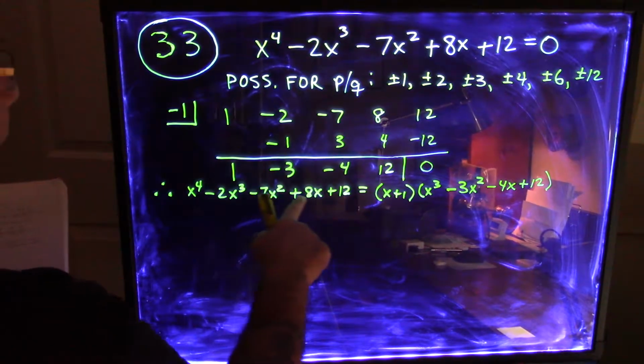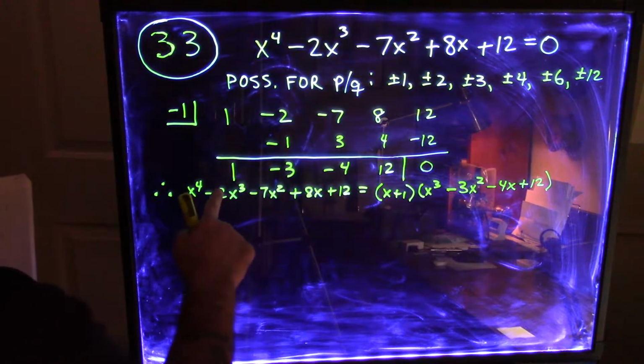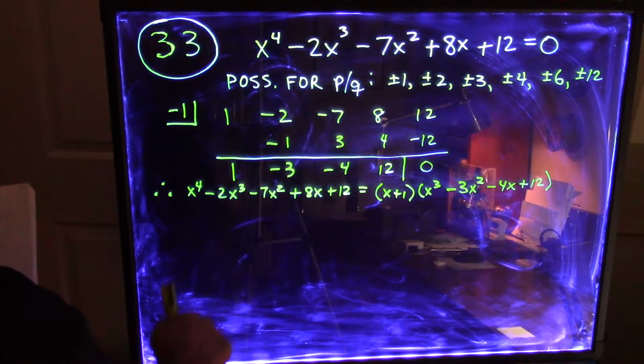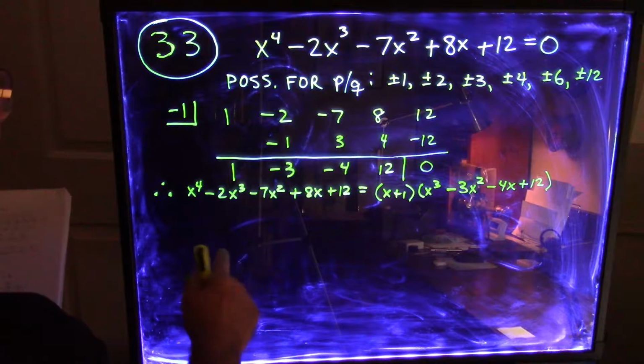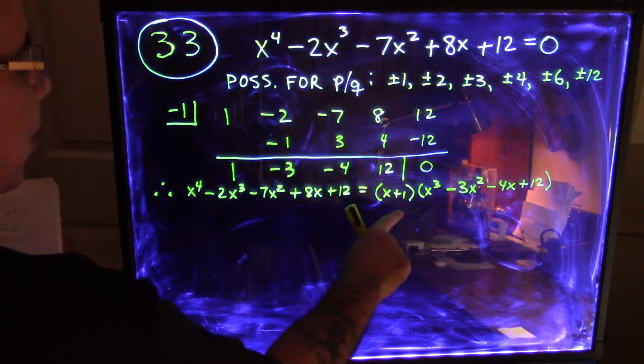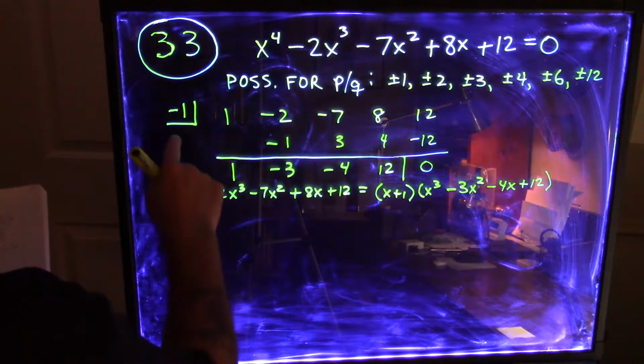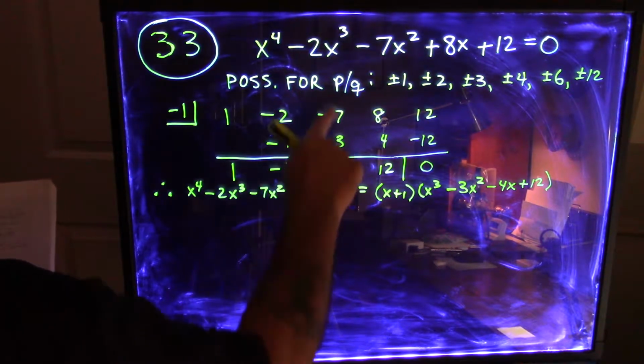Now you didn't have to write this line that I just wrote here. Just put the negative 1 over here and do a synthetic division again and try it. Turns out it doesn't work though. The reason I wrote this line is just to clarify what's going on. So try one of these other factors.